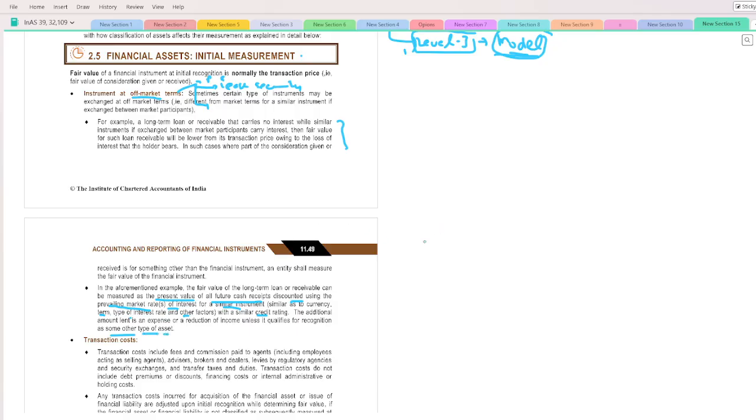If I take one example, you can take the example of the employee. The company has given a loan of say 10 lakh to its employee, say Rajiv, at 4% per annum for 5 years.